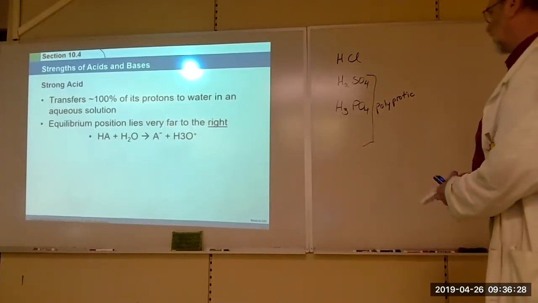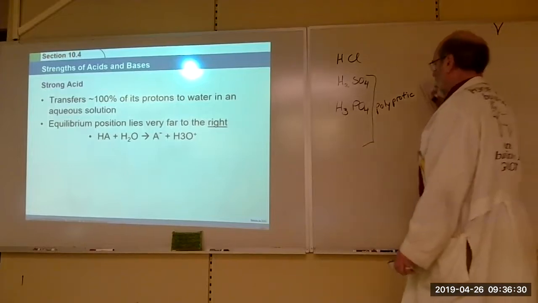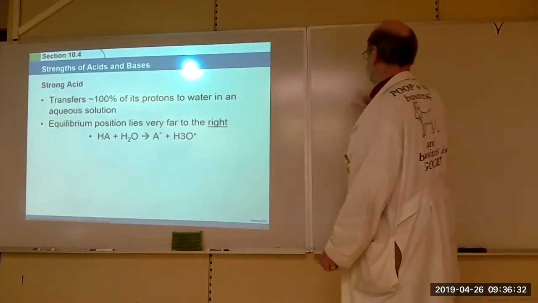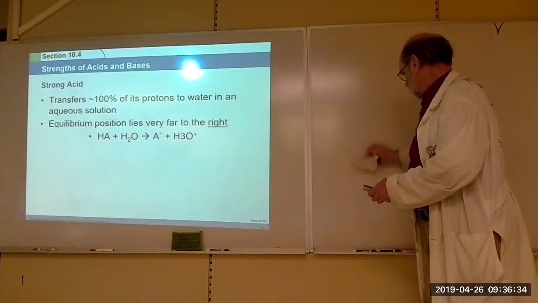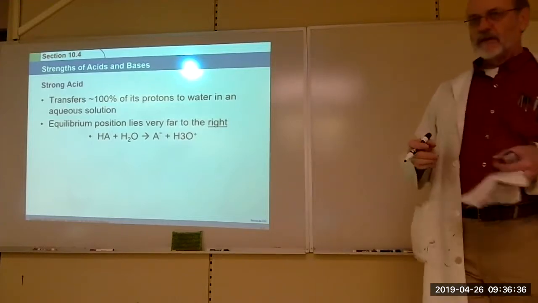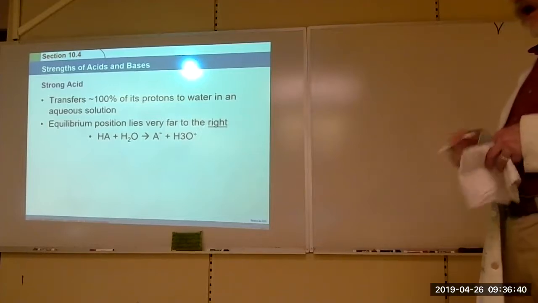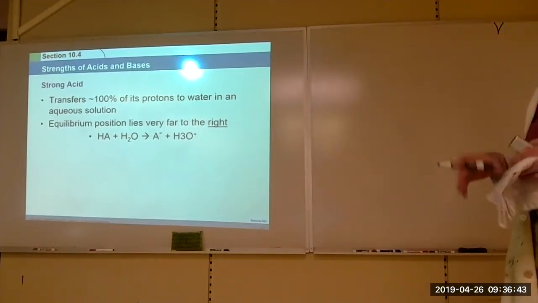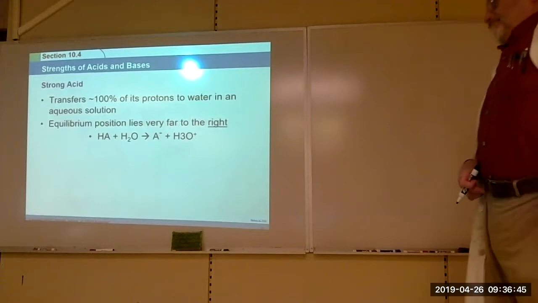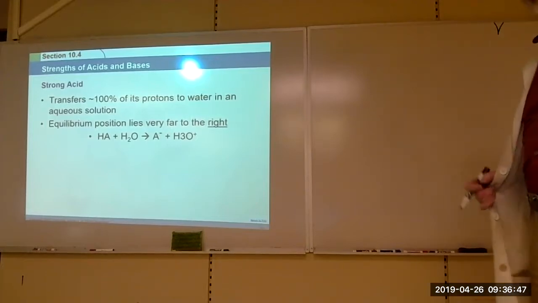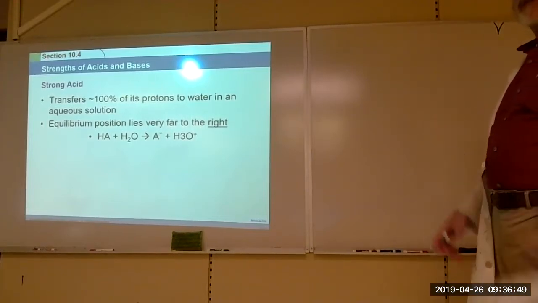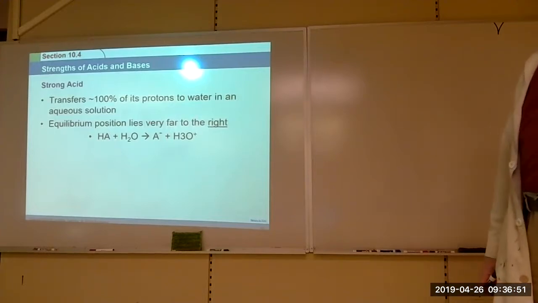Okay. Now, what do we mean by strong acids? The temptation is to assume that a strong acid is automatically dangerous. In chemical terms, strong acid doesn't necessarily mean dangerous.